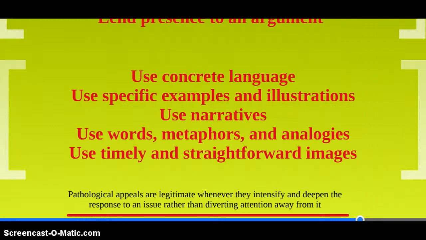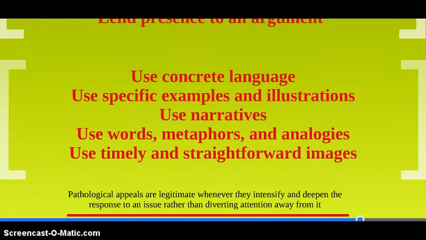Use narratives to tell a story that either leads into your claim or embodies your claim implicitly, as we saw with David Campbell in the Harmon article, and that appeals to readers' feelings and values. And finally, use words, metaphors, and analogies with connotations that match your aim to guide your readers through your angle of vision.